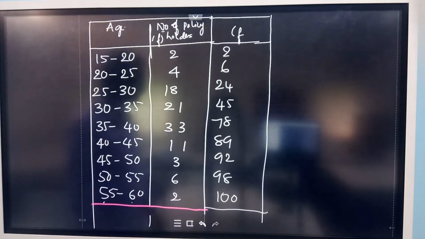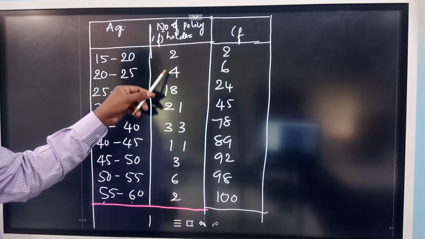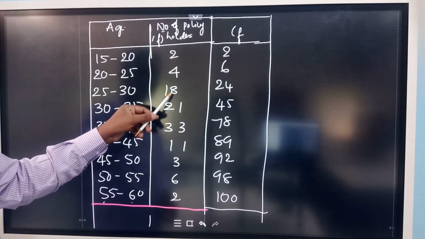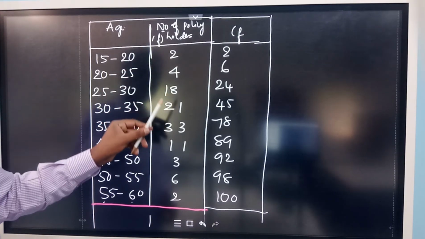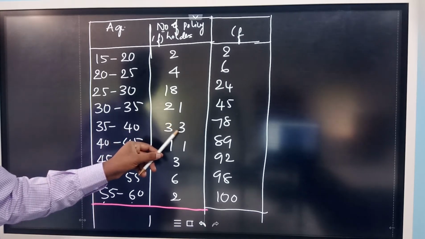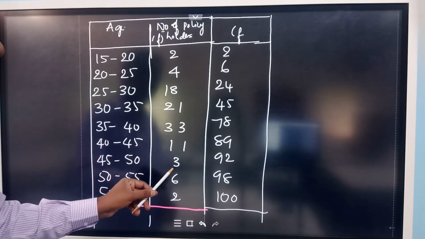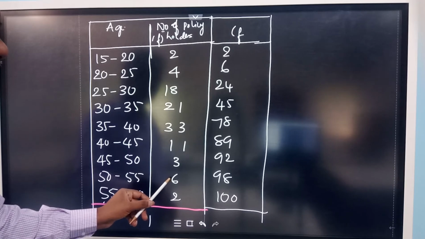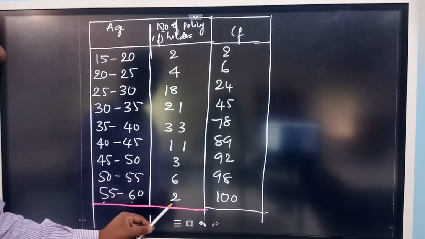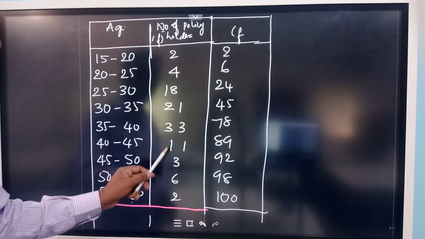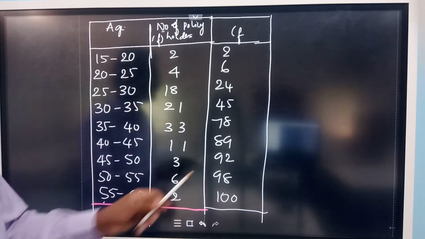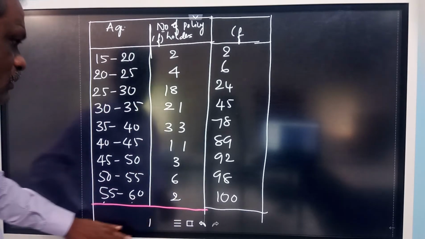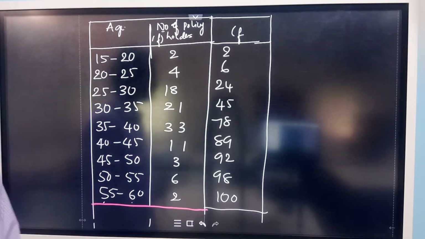And you add these numbers, you must get the sum as 100 only: 2 plus 4 is 6, 6 plus 18 is 24, 45, 78, 89, 92, 98, 100. It is tallying. So we got the frequency table like this.